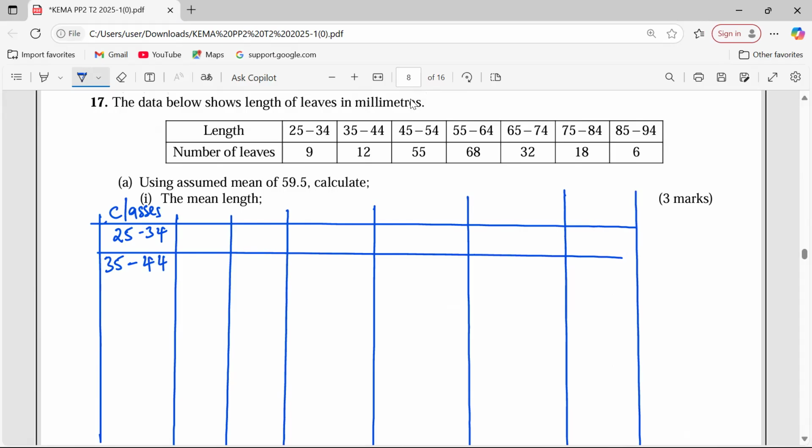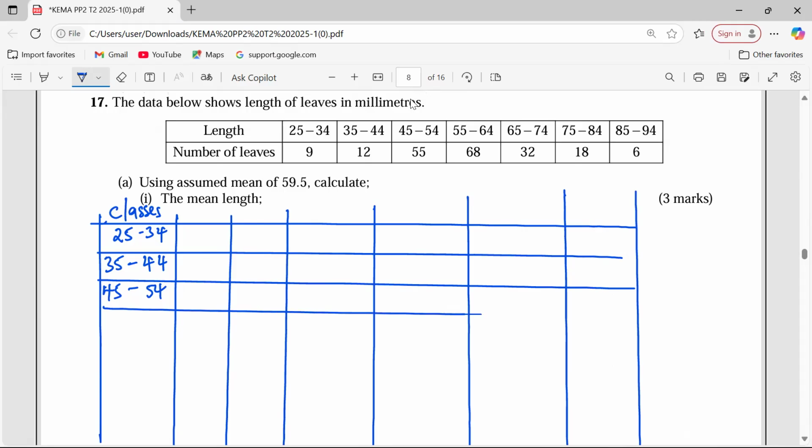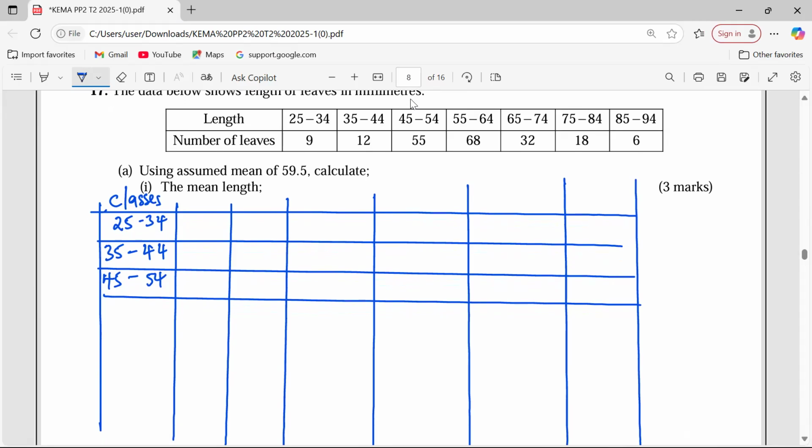Then we proceed to 45 to 54, then 55 to 64.